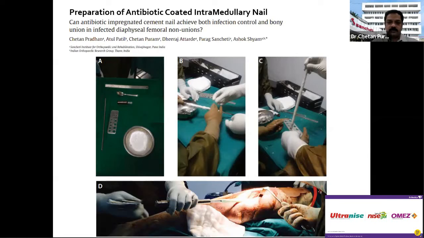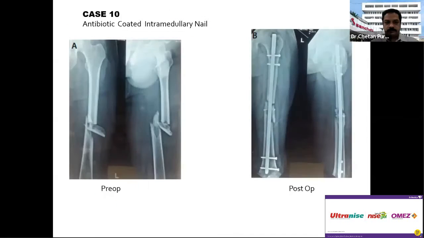So we size the coated nail to 12 millimeters. We ream the canal to 13 millimeters, and that accommodates the nail, because if it is too thick, it can get jammed and cause problems on table. It will neither go in nor come out. So sizing of the nail is a very important step while doing this procedure.